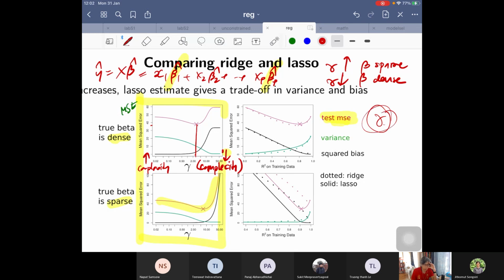I know that if I use different values of gamma, I get different characteristics in my solution. If I use a small gamma, my solution is dense, harder to interpret. If I use a big gamma, my model will contain only a few parameters, so I can interpret it better. But then what value should I pick?